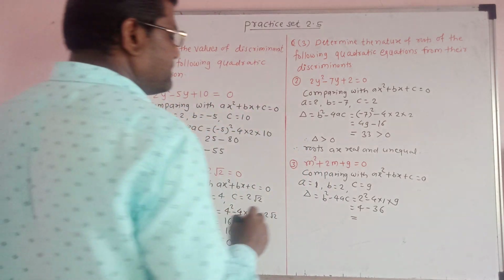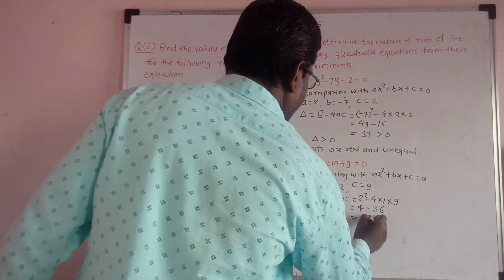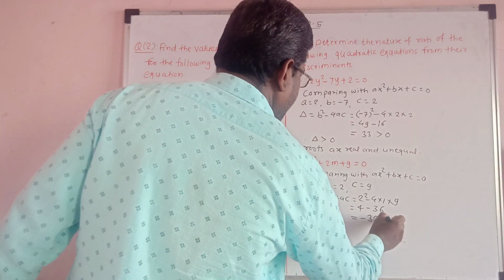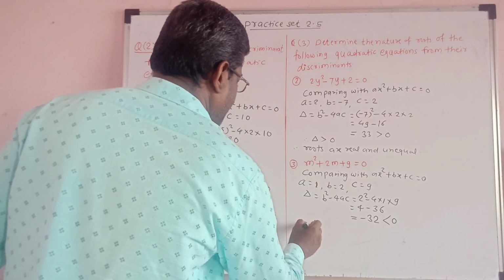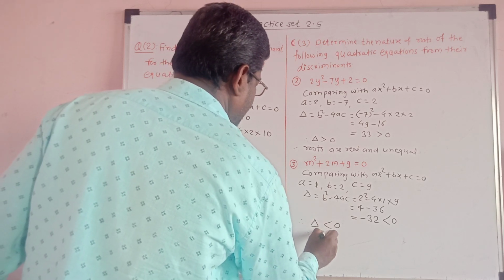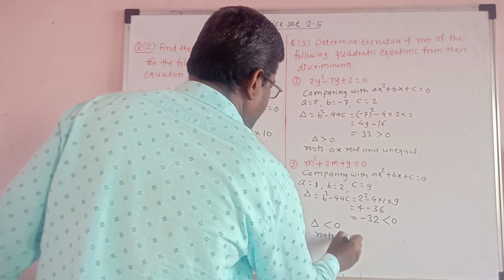Therefore 4 minus 36 is minus 32. Minus 32 is less than 0. Therefore delta is less than 0. Therefore roots are not real.